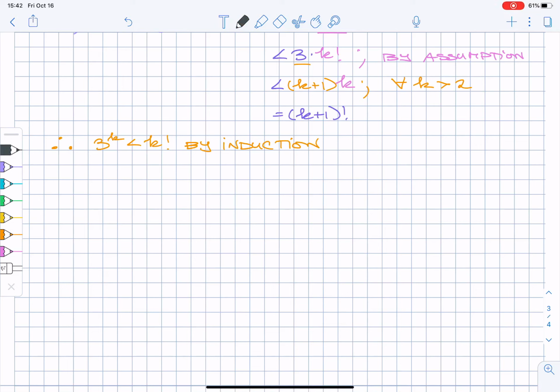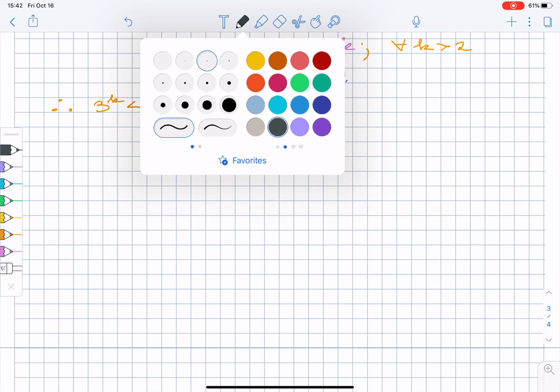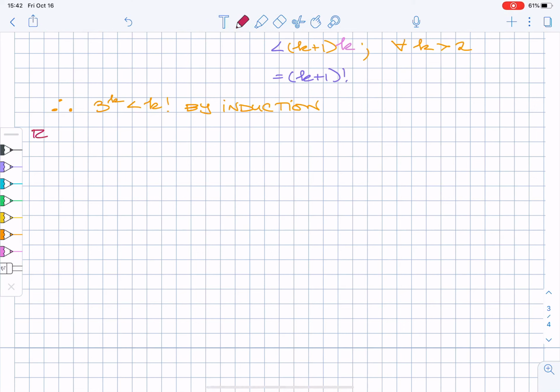So now let's do a different type of example using mathematical induction. So let's recall first: n divides a if there exists some integer k such that a is equal to k times n.